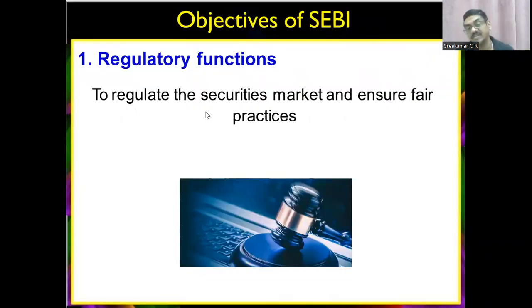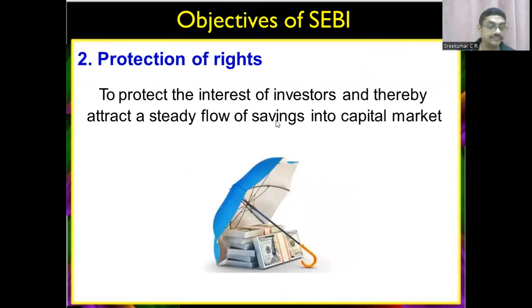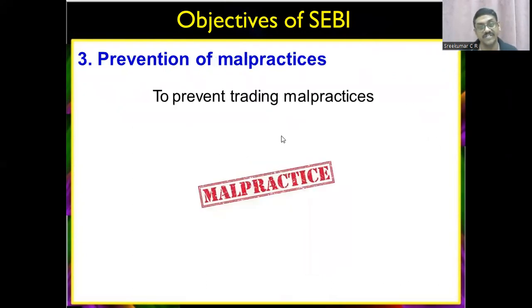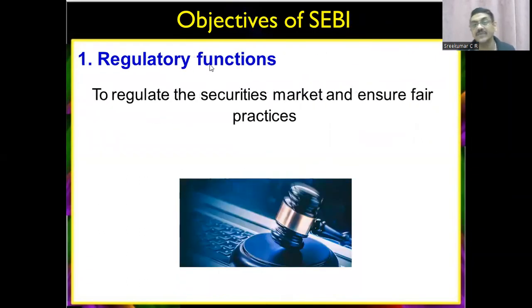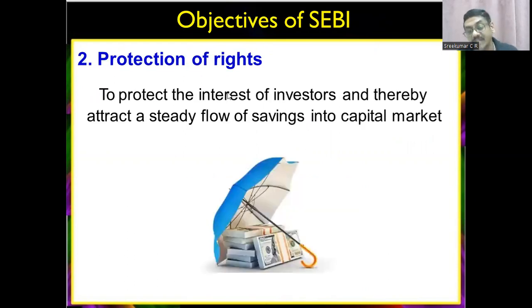Now the objectives, or we can say the functions, of SEBI. They usually ask either about the regulatory function, the developmental function, or the protective function. We will see all those things. SEBI is basically established for regulating fair trade practices in the market, for protecting the rights of investors, brokers, and companies, so that a steady flow of money is ensured in the capital market.